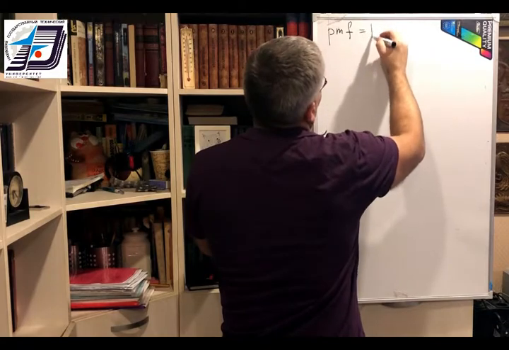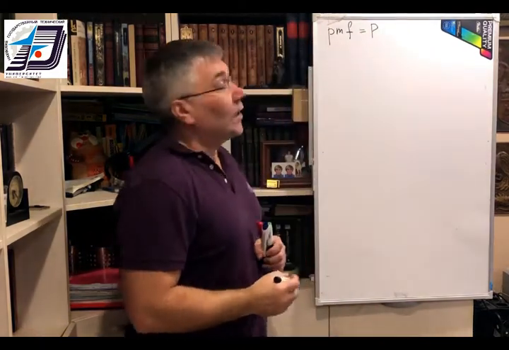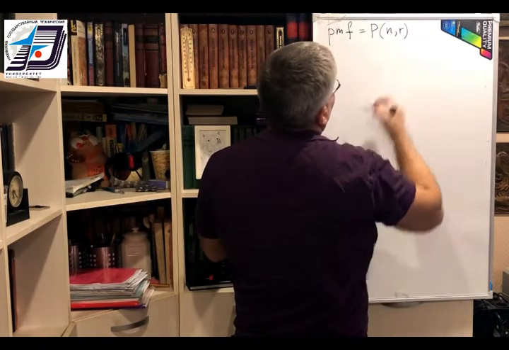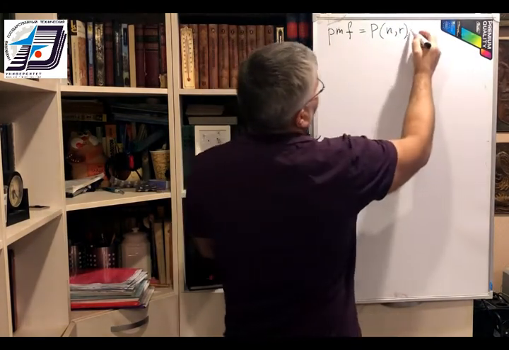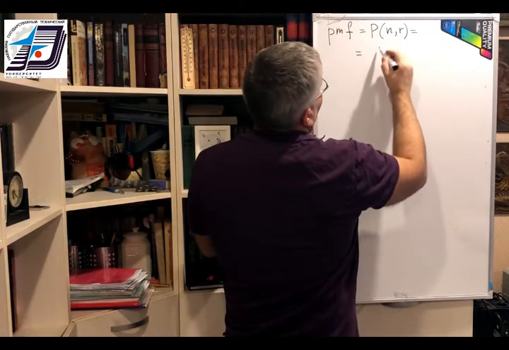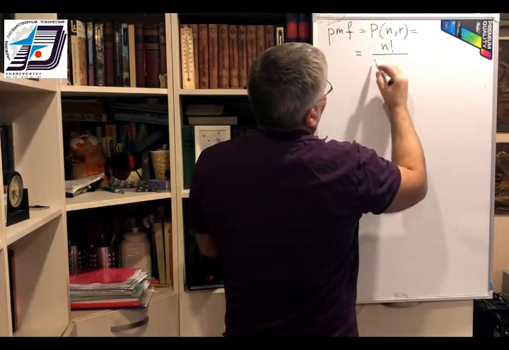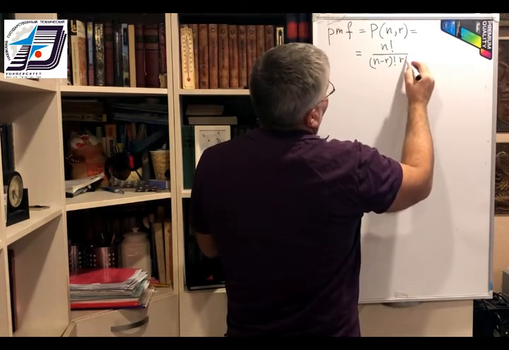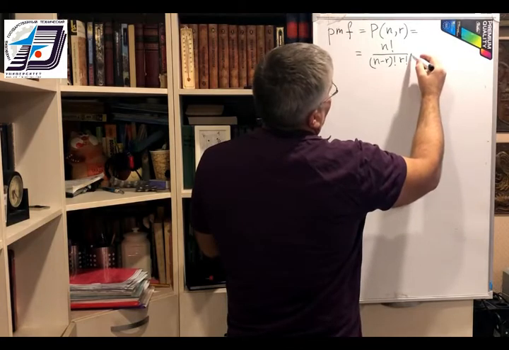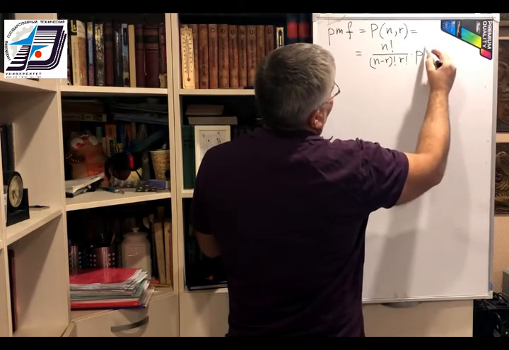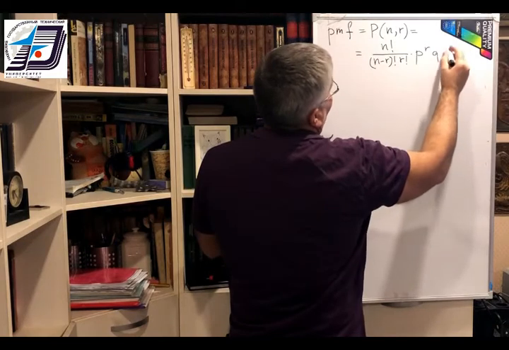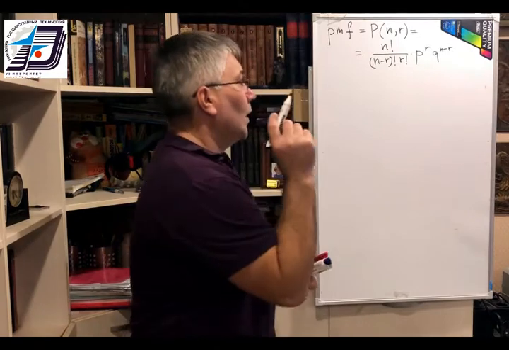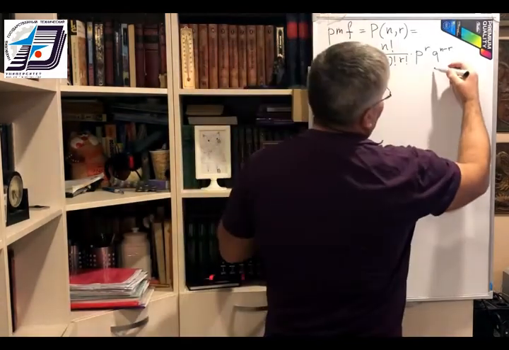We can denote it for the binomial distribution like n choose R, and we calculated it using this formula, n choose R times p raised to power R, q raised to power n minus R. So we made this graph.